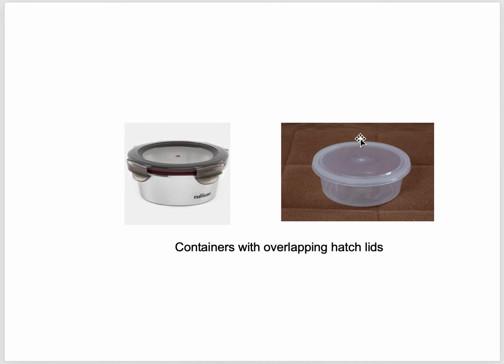The rainwater will fall here and just get away, because the container lid is overlapping type. The water cannot go in this direction and get back into the container. It will be very difficult for the water. So that's why the design of the lid should be overlapping hatch type. It may sound simple, but it can solve lots of problems, right?